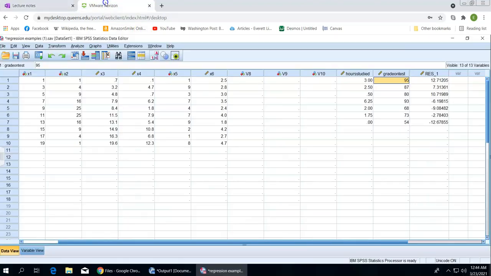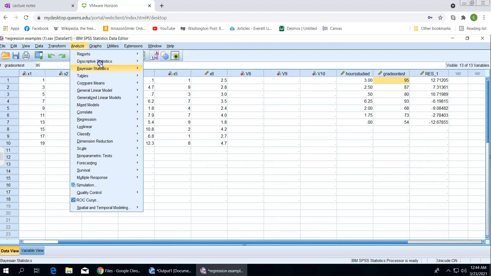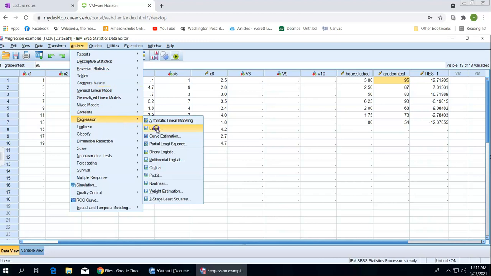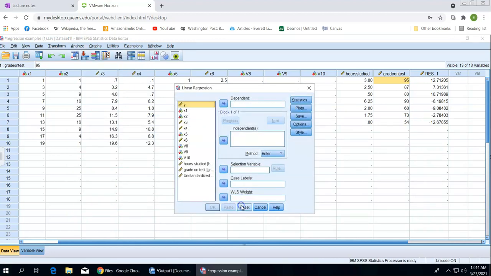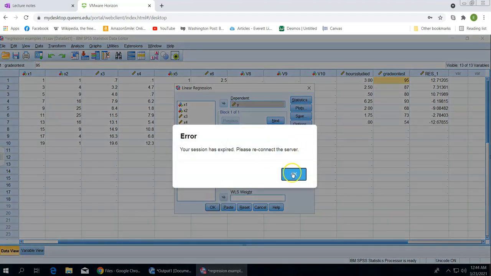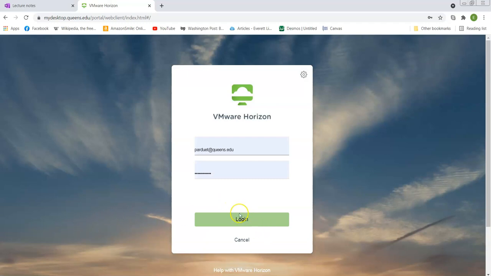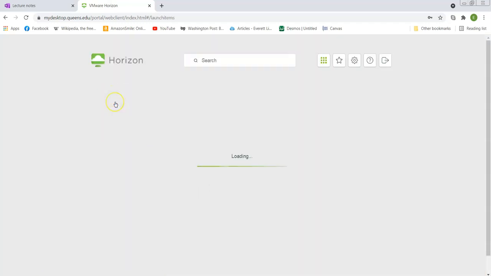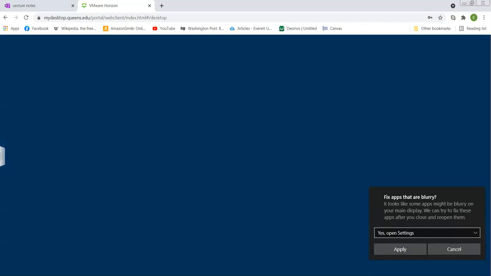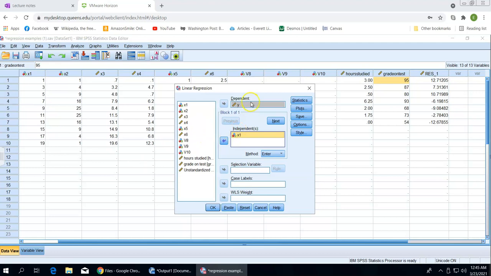If we were to just use one variable, let's suppose that instead of x1 through x6, we just use x1.